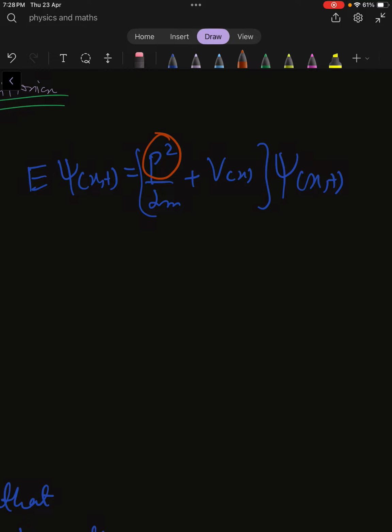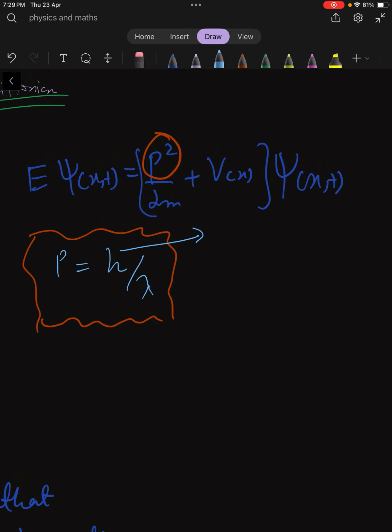Now, what is p? We can rewrite p as well. P is equal to h over lambda when we talk about quantum mechanics, where h is known as the famous Planck's constant.